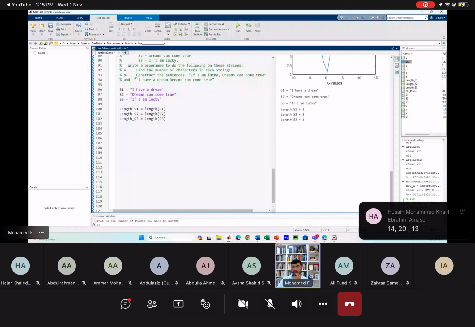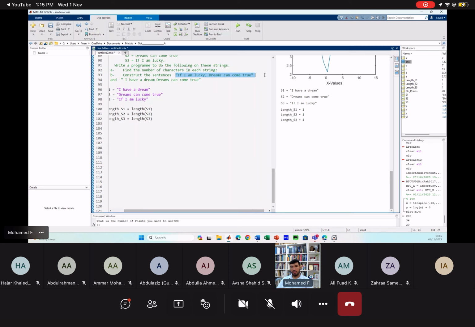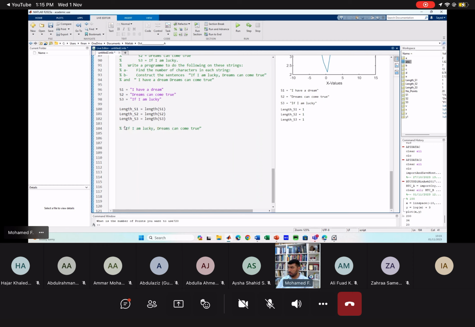Now, the second part of the question, construct this sentence. So let's take this sentence. We need to take the third sentence and put comma and space, and then get S2. So how to do that?